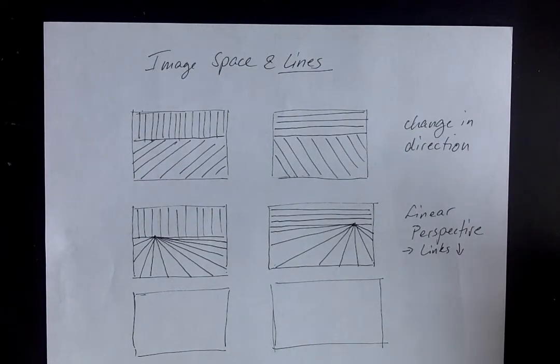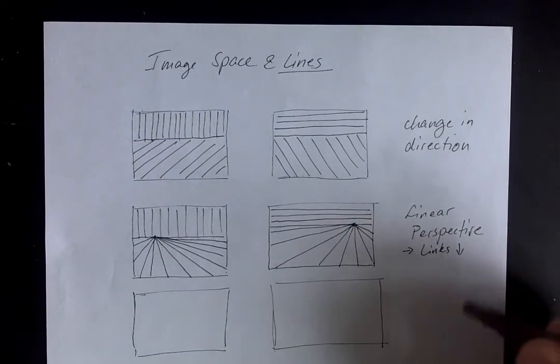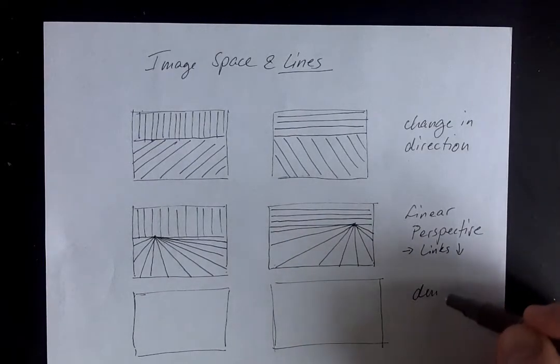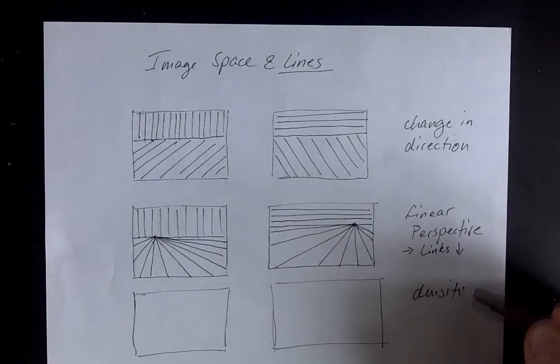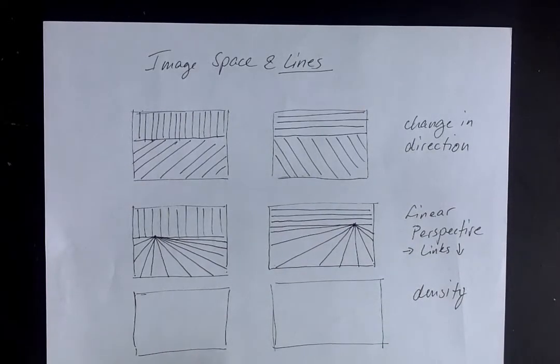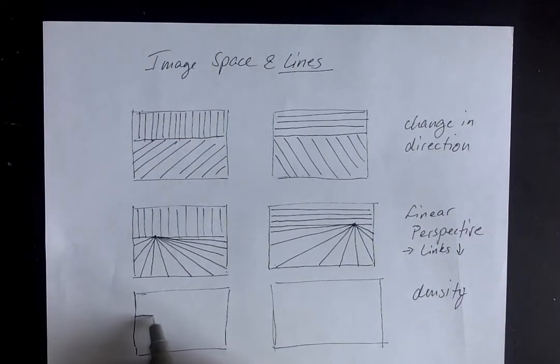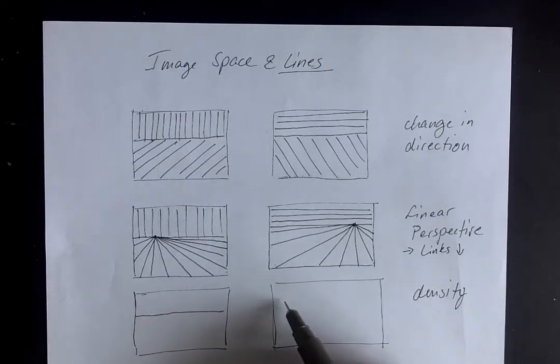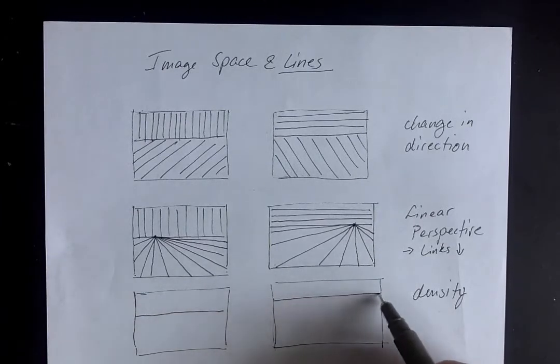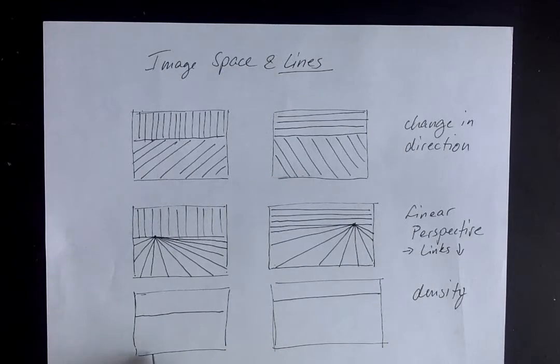The next tool you can use is the density of the line. Basically, that's one effect that applying linear perspective has. So you have your horizon line, put this one here a little higher, and then you space out the lines denser the closer you get to your horizon line.